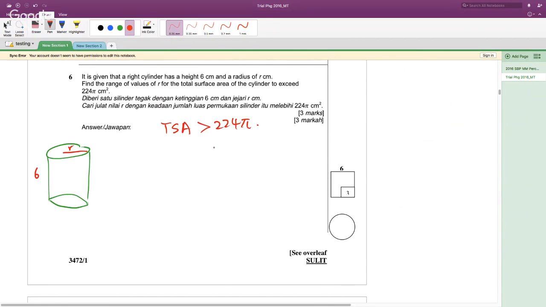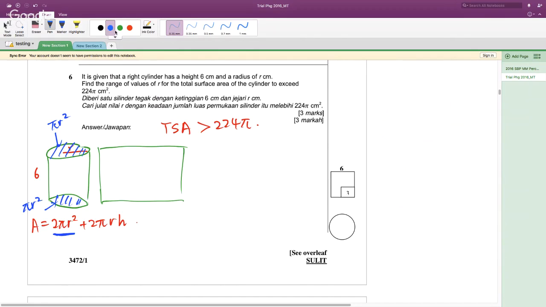Just in case you do not know the area of a cylinder, it's 2 pi r square plus 2 pi r h. If you want to know why I get 2 pi r square, one circle here is pi r square, and the other circle at the bottom is another pi r square, so together I get 2 pi r square. And how I get 2 pi r h is that if you open up the middle part, it is a rectangle.